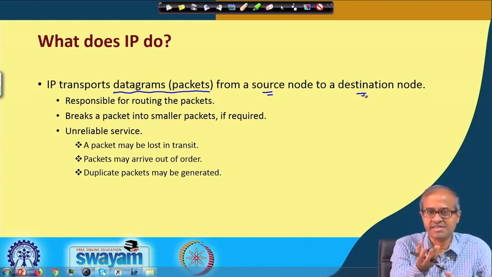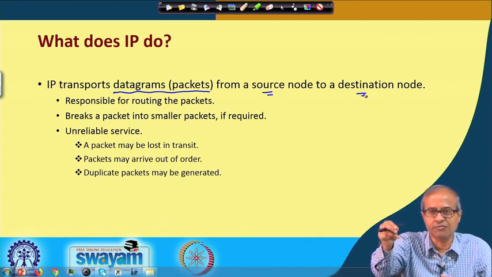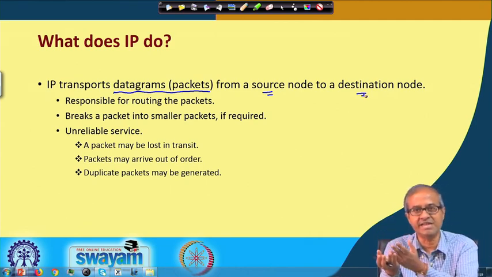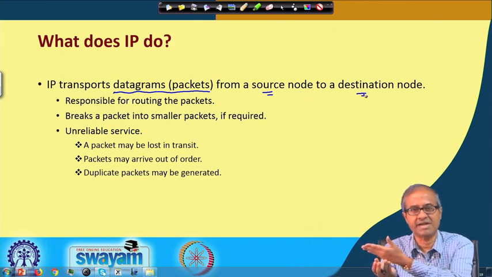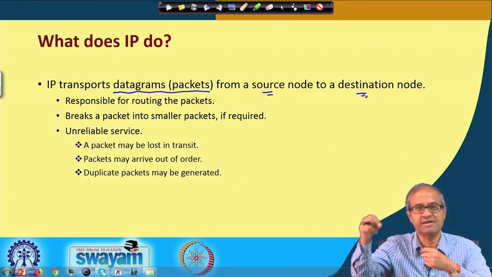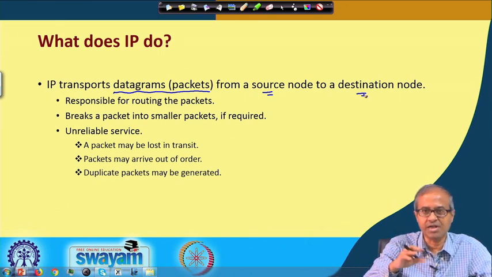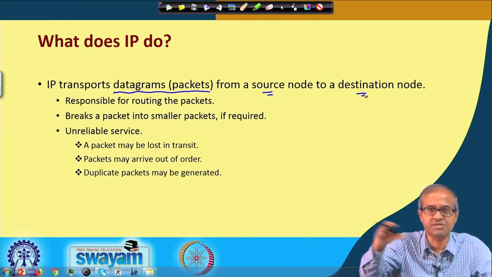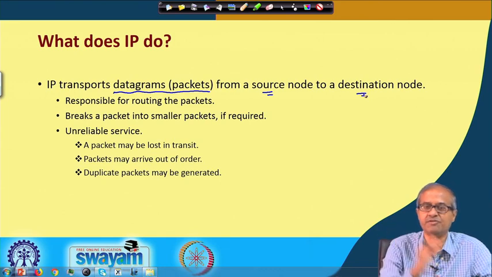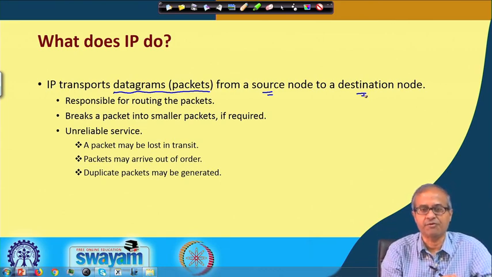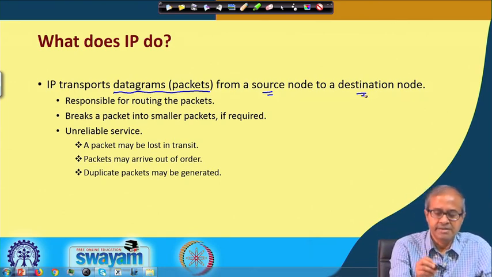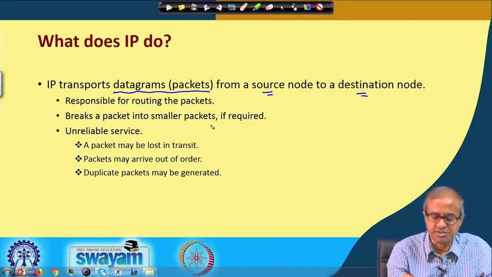It will decide which node to forward the packet to next. That next node will again decide where to forward that packet next. This way the packet will finally reach the destination. So, the network layer, or the IP layer, in each of these nodes will be responsible for this routing or packet forwarding.